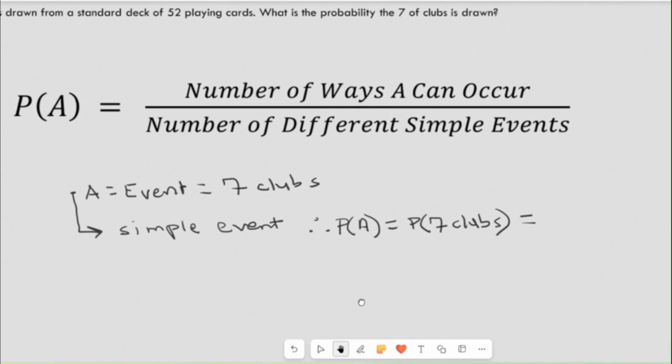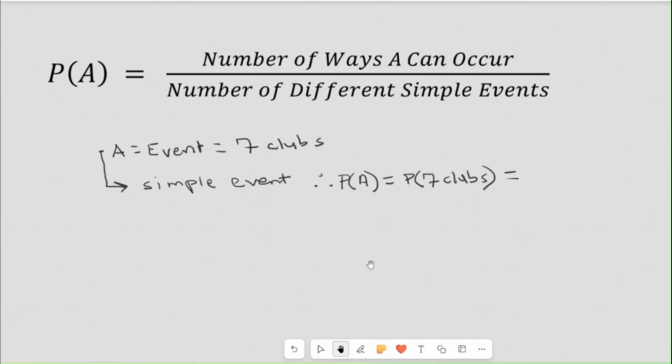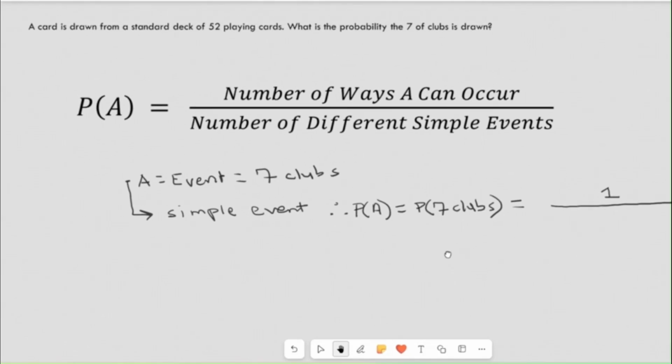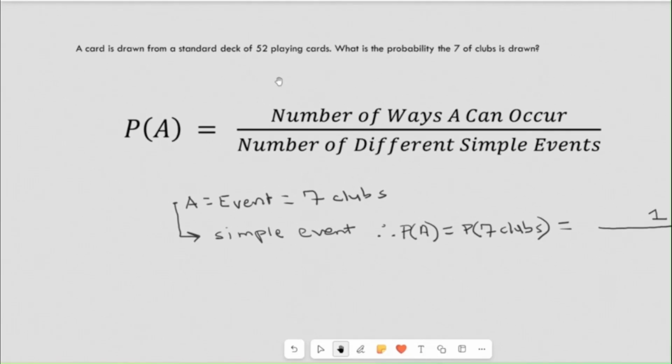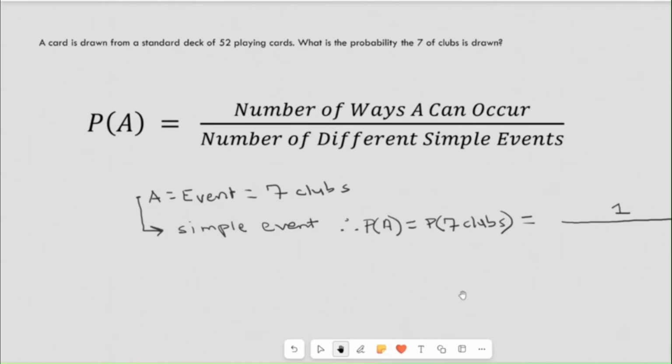And this is going to be equal to, as we can see from our expression, the number of ways that A can occur. Because our event is a simple event, the number of ways that A can occur will be equal to 1. And as we can determine from our problem statement, the total number of different simple events is going to be equal to the number of cards in the playing deck.